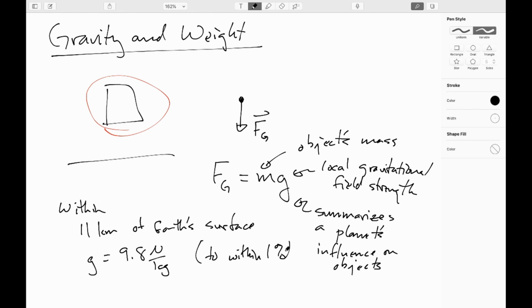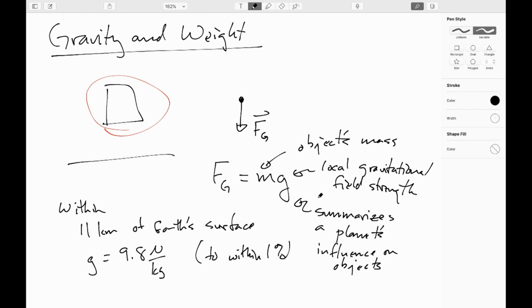Now notice I wrote the units as newtons per kilogram. Most books, heck, most people will write it as meters per second squared, and sure, if you plug in that a newton is a kilogram meter per second squared and you cancel that kilogram, you would get meters per second squared.